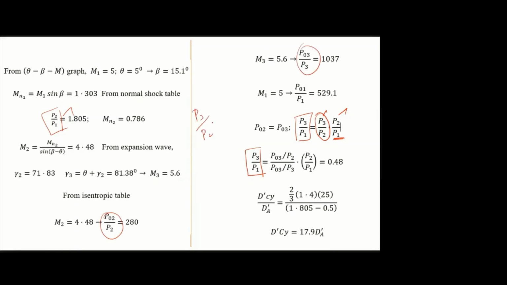So P3 by P2 is equal to P3 by P03 times P02 by P2, and you will get P3 by P2. Then substitute both pressure ratios, the Mach number and the gamma value, then compare. We are getting that the drag of the cylinder is around 18 times the drag of the aerofoil.